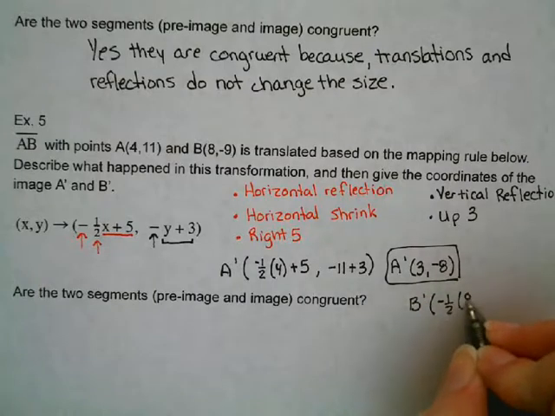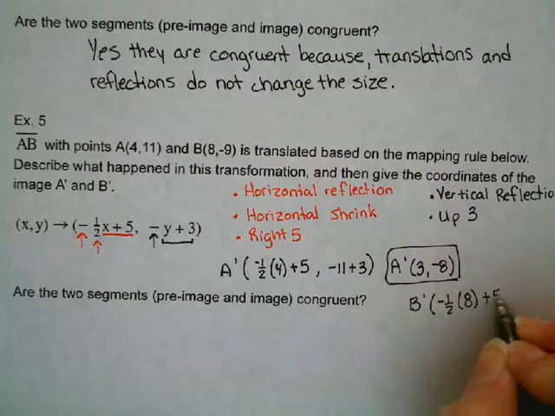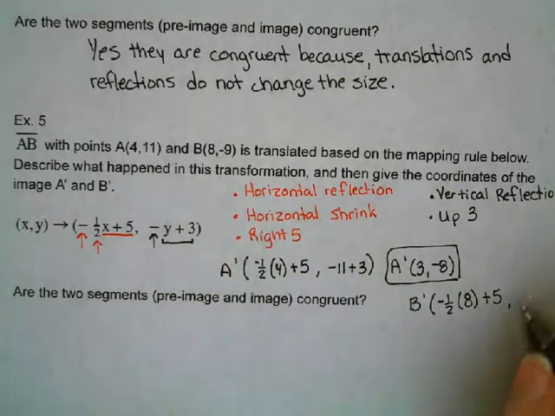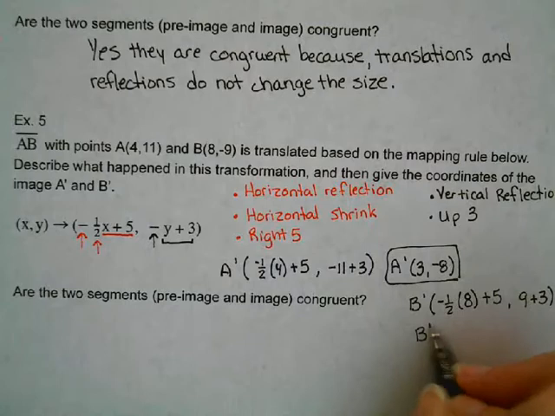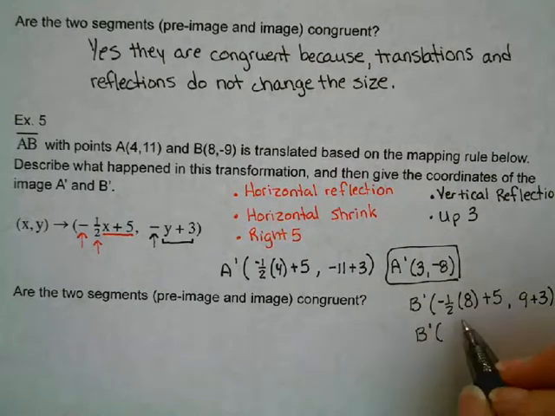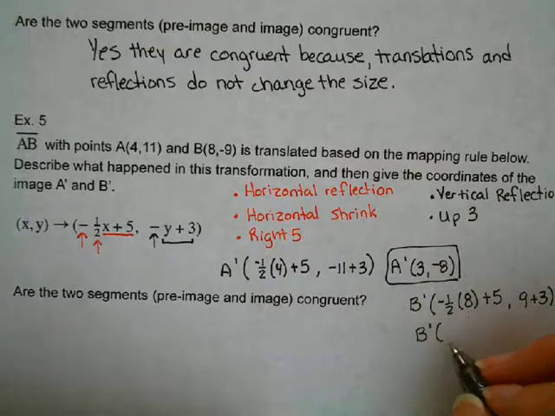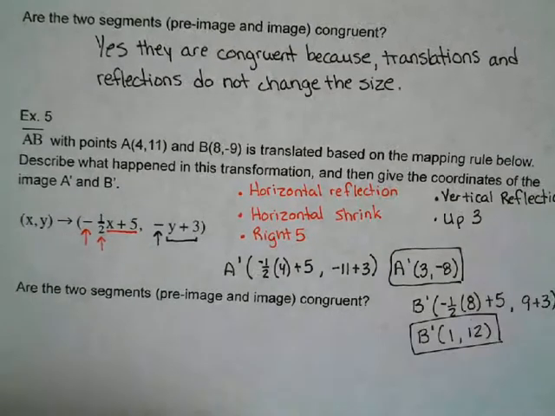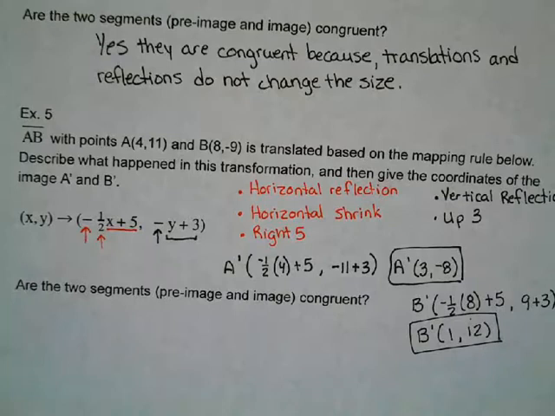Okay, now you want to do the same thing with the B's. The B value would be plugging in negative 1/2 times 8 plus 5. And this one we'd have negative 9, so I'll just say positive 9 plus 3. So negative 1/2 of 8 is negative 4 plus 5 is 1. And 9 plus 3 is 12.